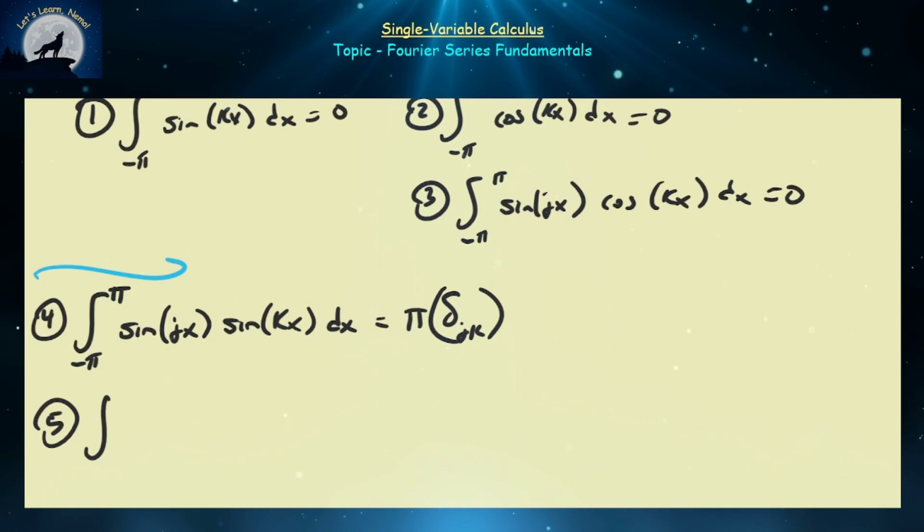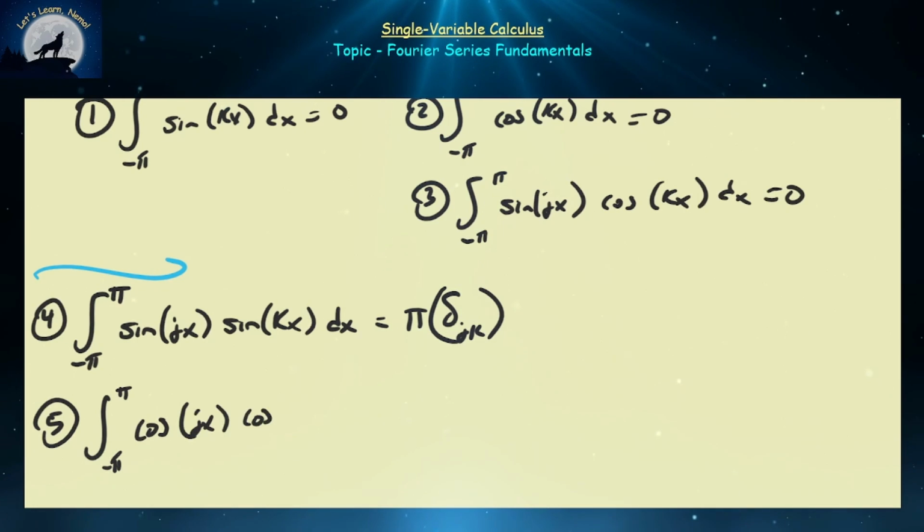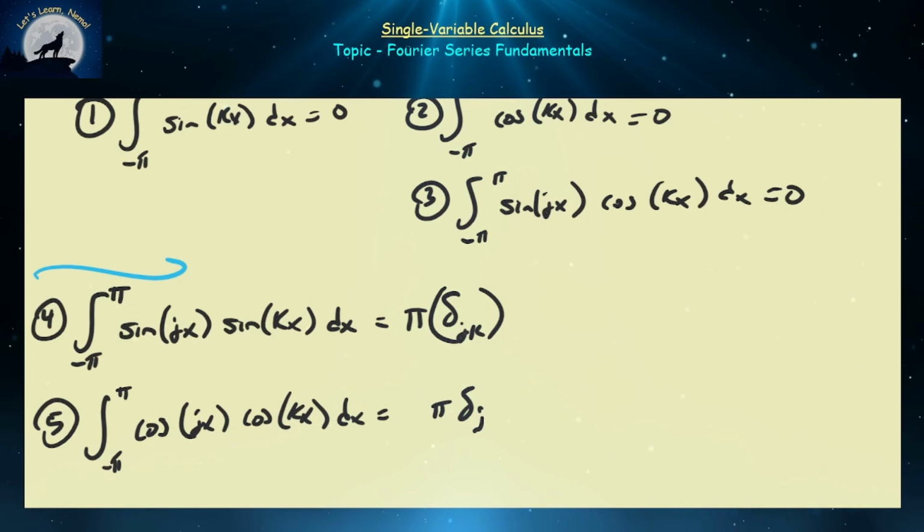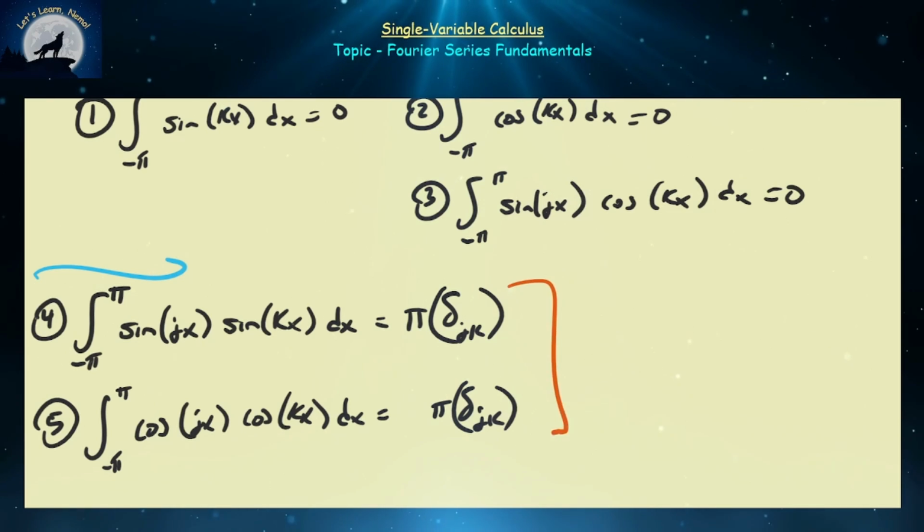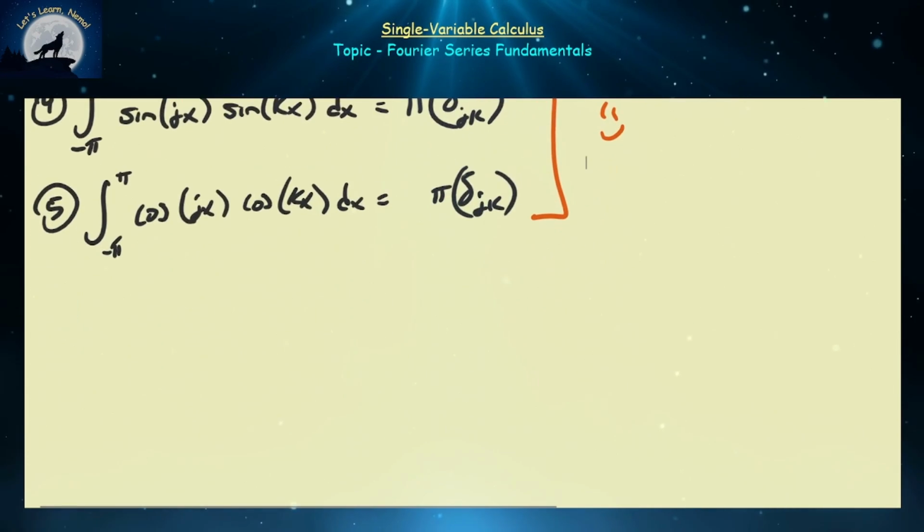And then we have the integral from minus pi to pi of cosine of jx cosine of kx dx. This is also going to be equal to pi delta jk. So either this integral is going to be equal to pi or it's going to be equal to 0, right? I highly recommend trying to prove all 5 of these identities on your own.